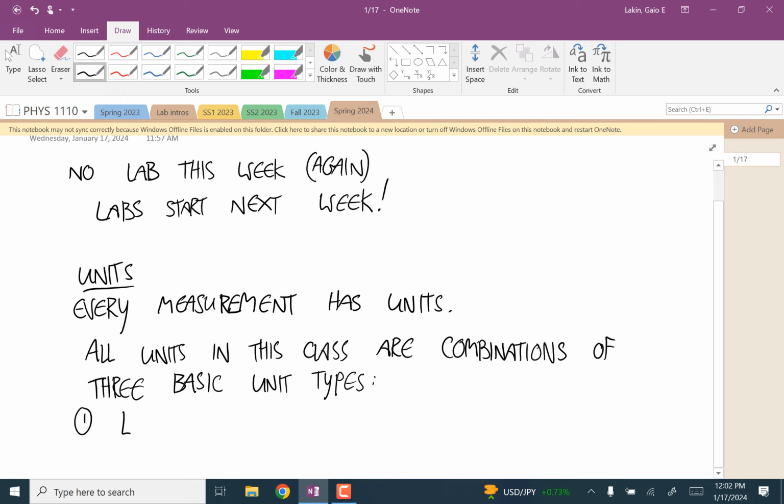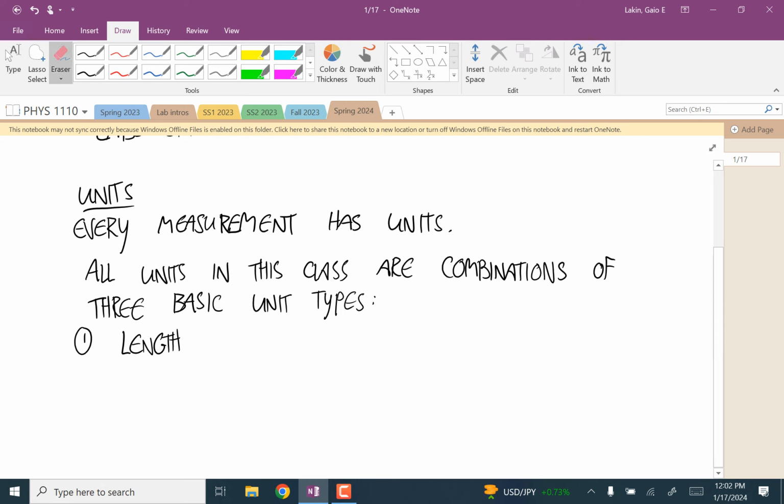Those are length, and units of length can be millimeters, inches, feet, yards, meters, miles.